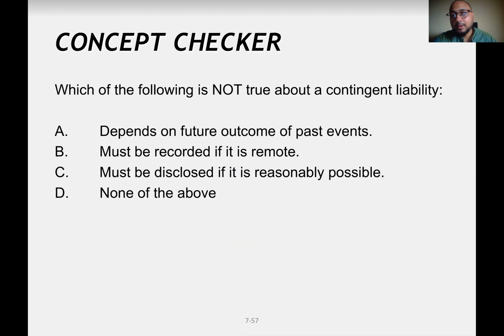Number A, depends on future outcome of past events. This is true. Must be recorded if it is remote. B, right? If it's remote, that's not true. Must be disclosed if it is reasonably possible. Yes. So the answer is B.